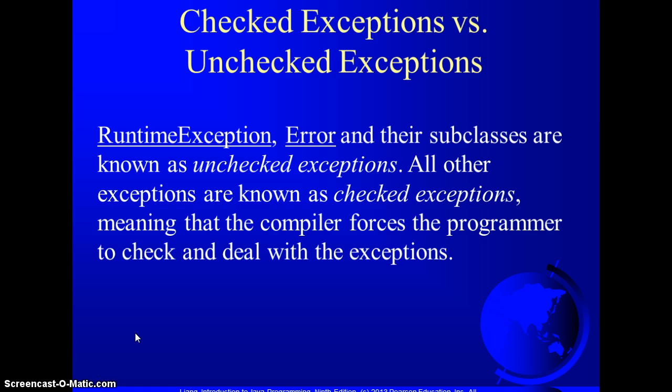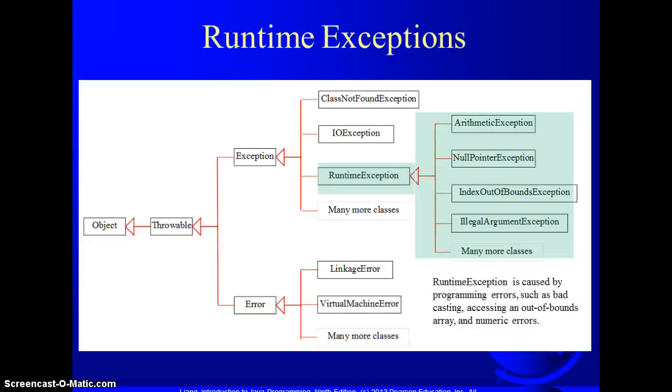For example, when you look at IOException, when you implement that, you are required to handle the exception. You have to surround it with try-catch, otherwise the compiler is going to report an error. But for this, you don't need to do try-catch, right?